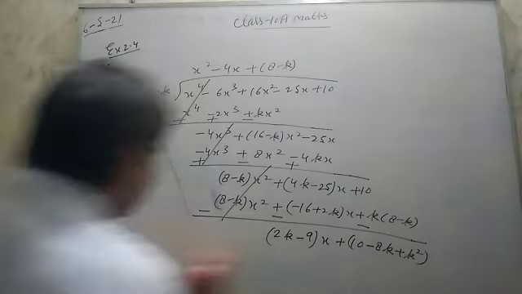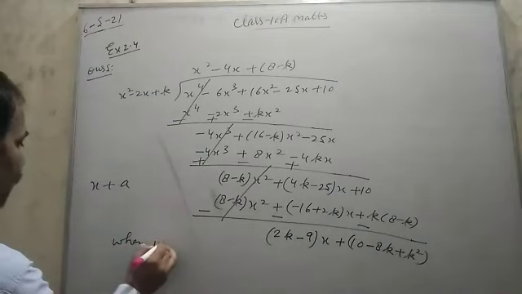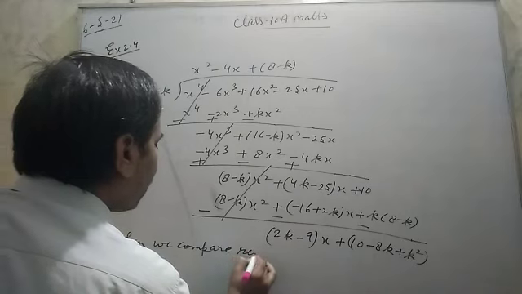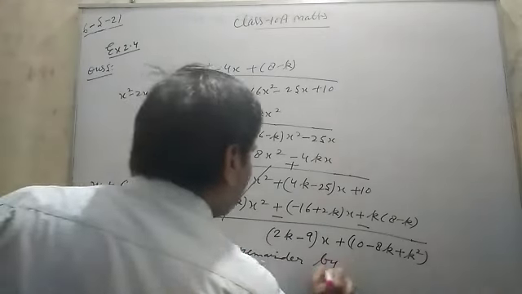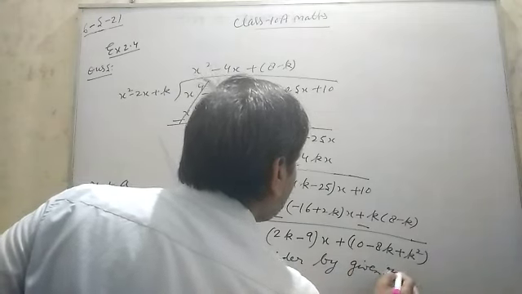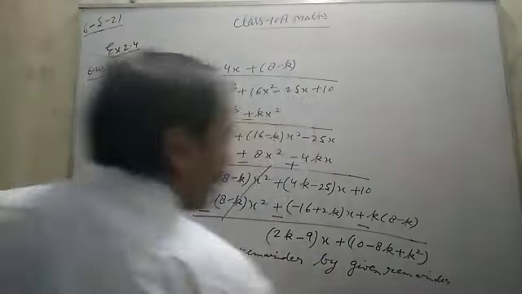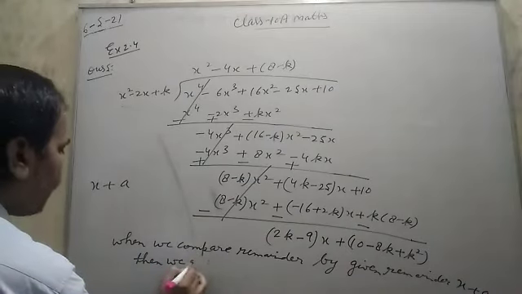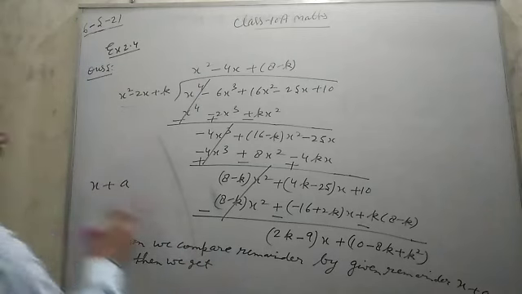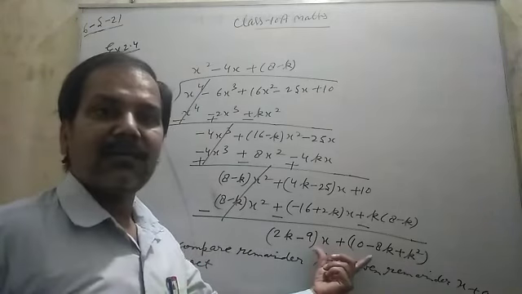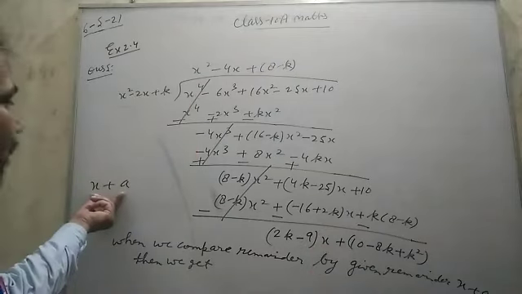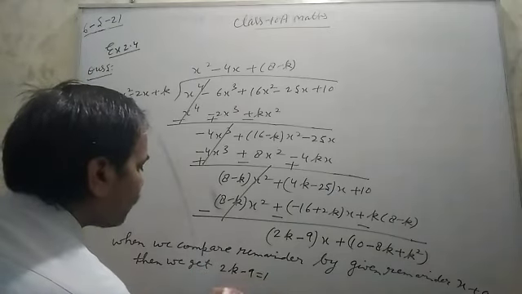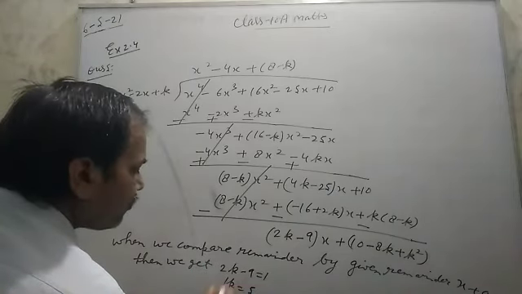When we compare the remainder with the given remainder x plus a, we get: the x coefficient is 1, so 2k minus 9 is equal to 1. So k is equal to 9 plus 1, 10 by 2, that is 5.